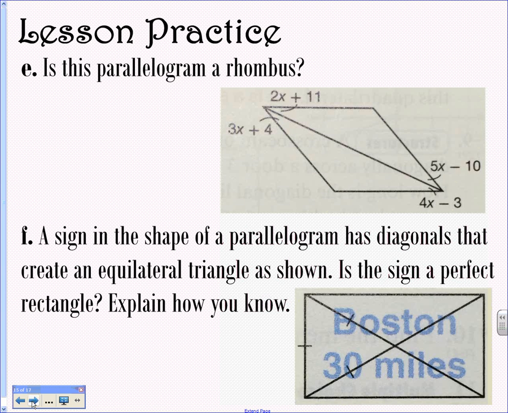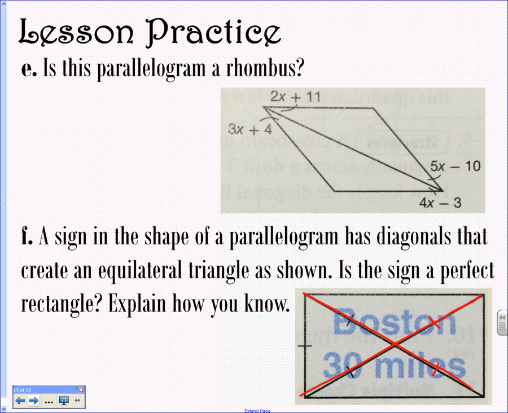Okay, all parallelograms bisect each other, so that means that that's true. Now what? So one diagonal is congruent to the other, so what does that mean? This diagonal is equal to that diagonal, right? Because they have to add up to the same. So what does that mean? It's a rectangle, because the diagonals are equal. Yeah.